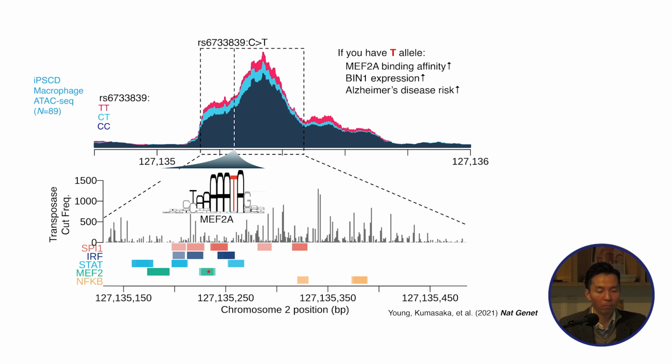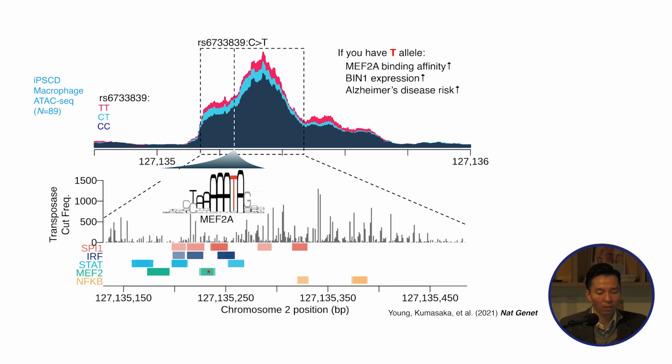And the top associated variant for Alzheimer's disease is sitting at the shoulder of this peak. So by the way, the peak is higher means the chromatin accessibility is also higher in this case. So T allele increased the chromatin accessibility.